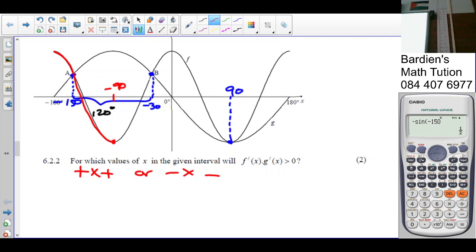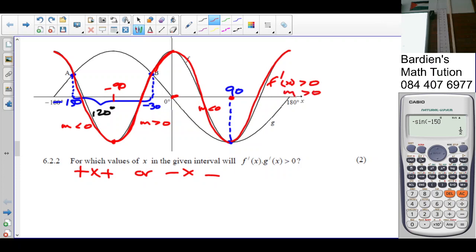The graph is decreasing as x increases. So that is a negative gradient. What do you notice here? The gradient is positive, because as x increases, the graph is increasing. Here, the gradient is negative, the graph is decreasing, so the gradient is negative from 0 to 90 degrees. Here the derivative of f of x is greater than 0, the gradient is positive; and there, f dash x is less than 0.